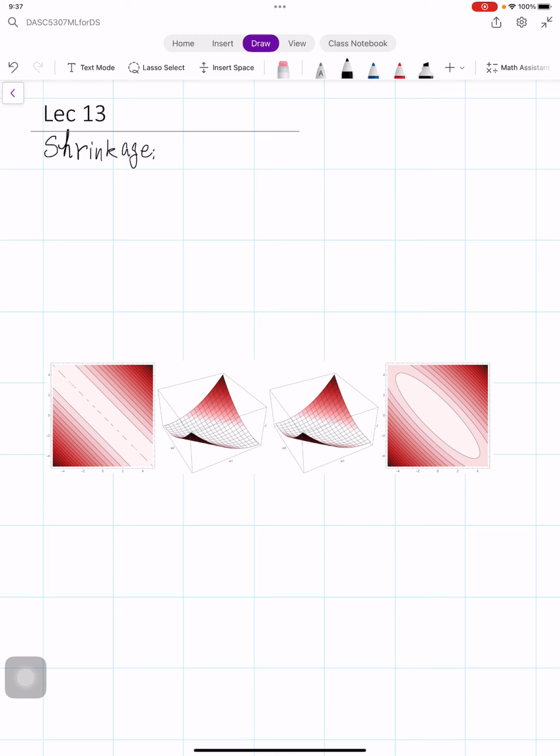It's called ridge regression. And lasso regression can be used for the subset feature selection.